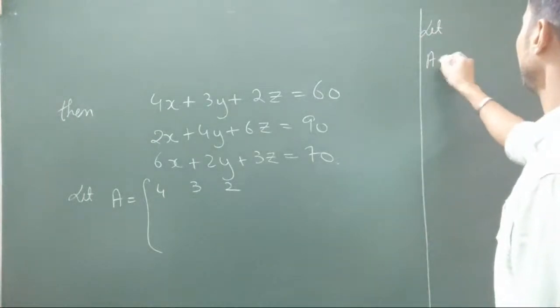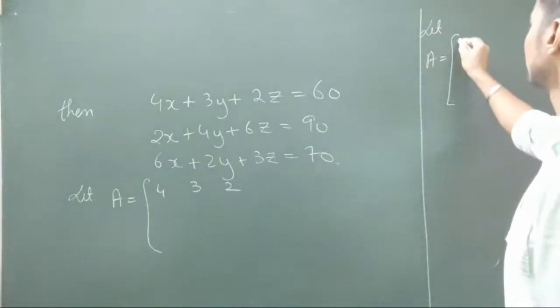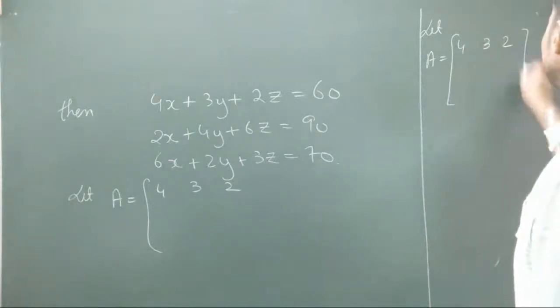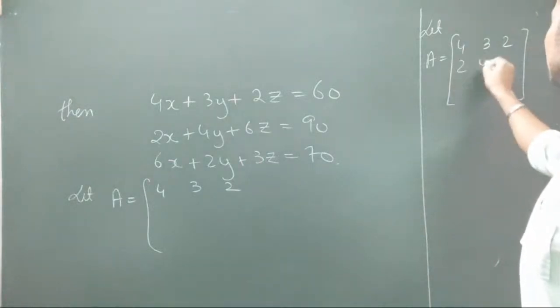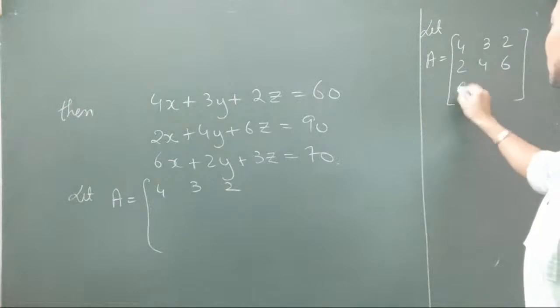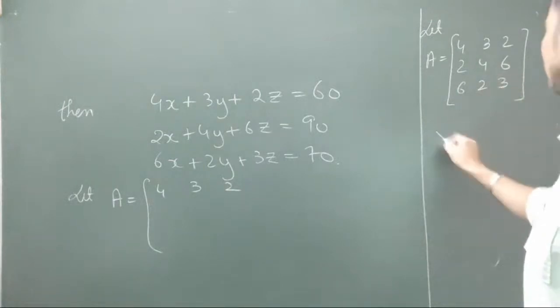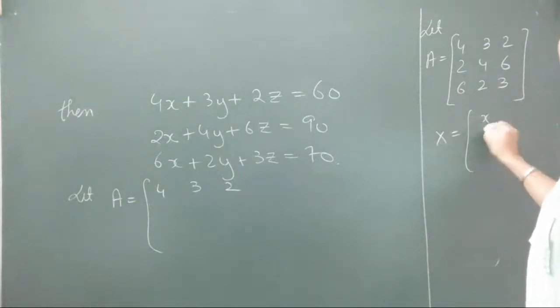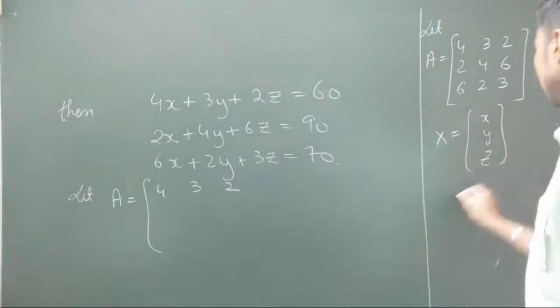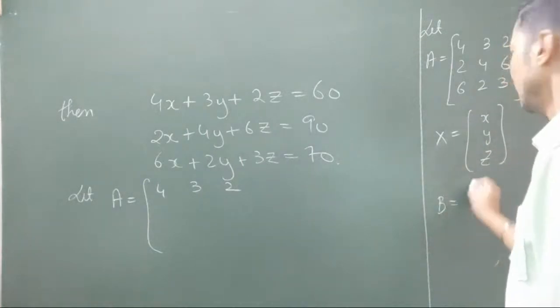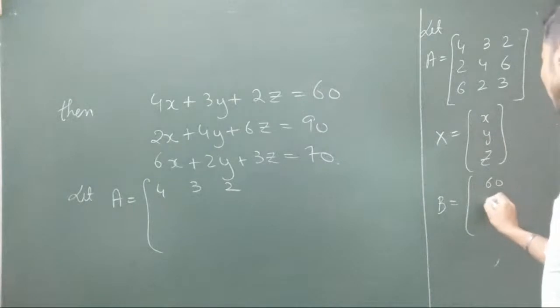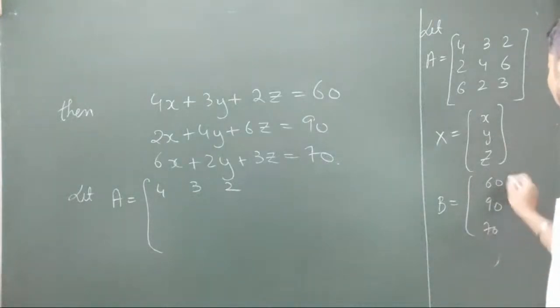So let A is equal to 4, 3, 2, 2, 4, 6, 6, 2, 3. Of course, X is x, y, z, and B is 60, 90, 70.